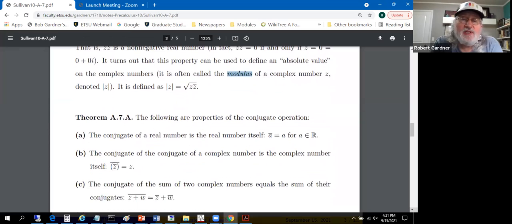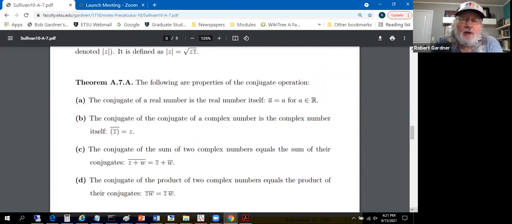Some properties of moduli are the following. I'll actually prove one of these. Suppose we take the conjugate of a real number. That means you're going to change the sign of the imaginary part. For a real number, the imaginary part's 0, so nothing changes. -0 equals 0.